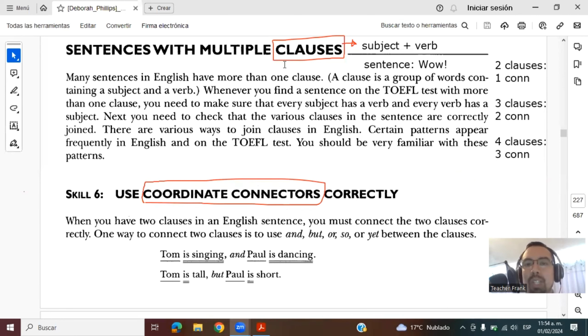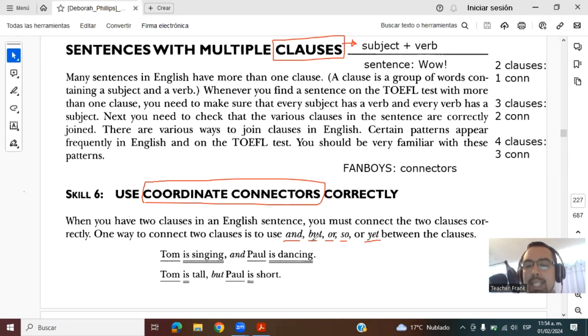Now, if you've studied English and you've looked at connectors, there's something called fanboys, which are basically the type of coordinate connectors that exist. But I think those are like 7, right? Yeah, 7. Here, we're only going to be looking at 5. And, but, or, so, and yet.